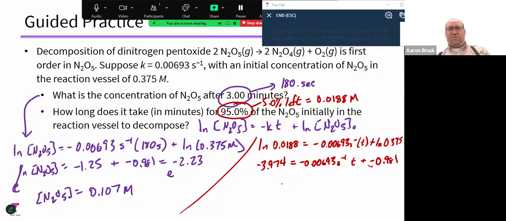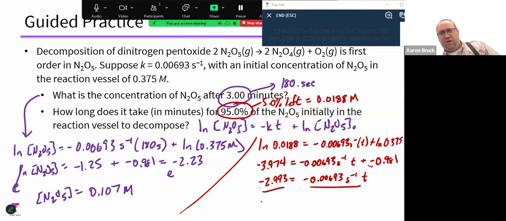So we've got to do a little bit more algebra here. Add 0.981 to each side, and then divide.